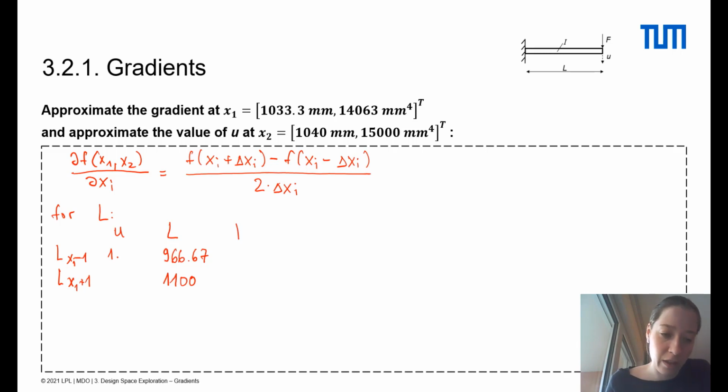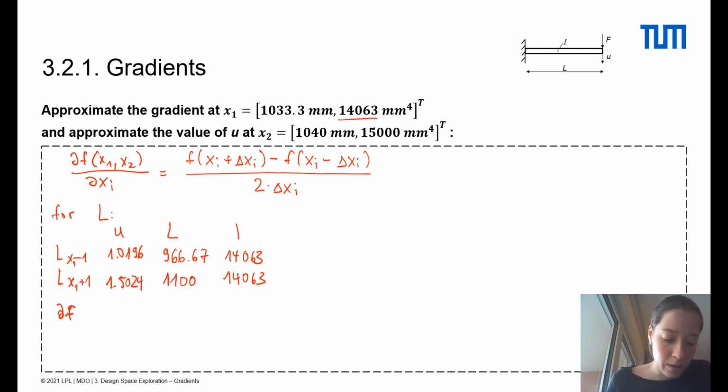I is fixed at the 14,063, so at the value for x1, and that's the same. And U is 1.0196 and 1.5024.